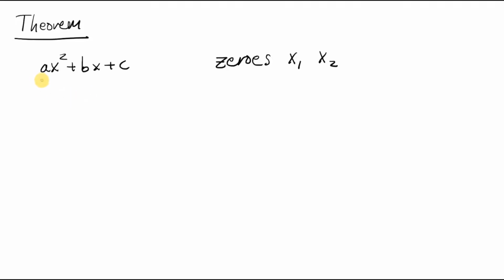More generally, if we have a second degree polynomial or quadratic function, and it has zeros x1 and x2, then we can always write it in this way.